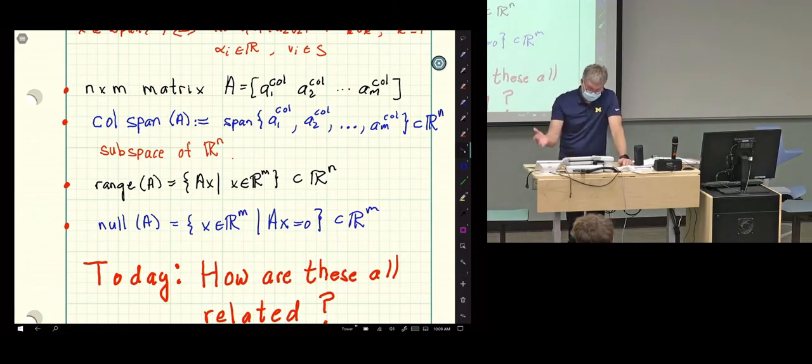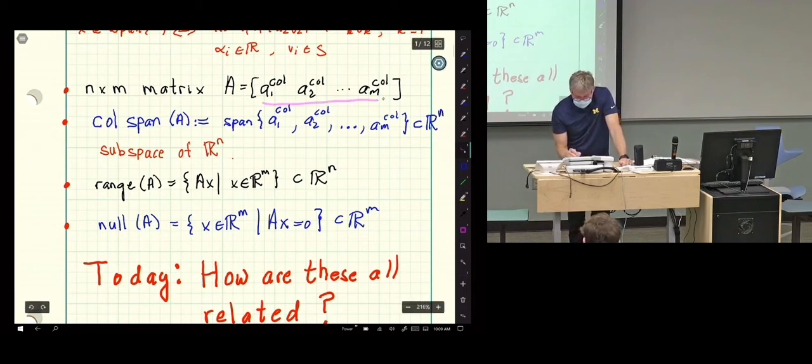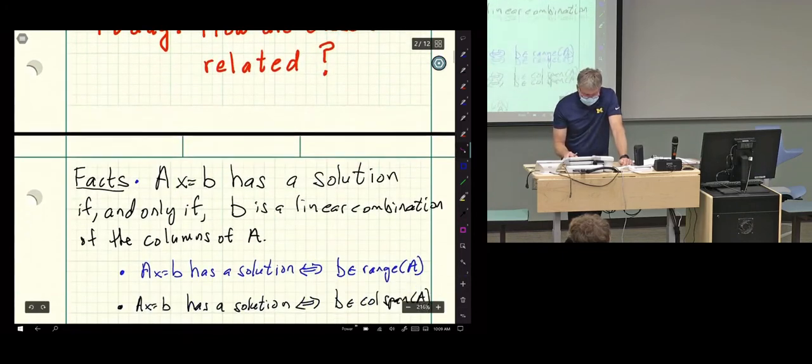And then our early thing, just by writing down what A times X was, AX equals B has a solution if B can be written as a linear combination of the columns. And that means it has to lie in the span because the span is all possible linear combinations. Okay, so we have these things.